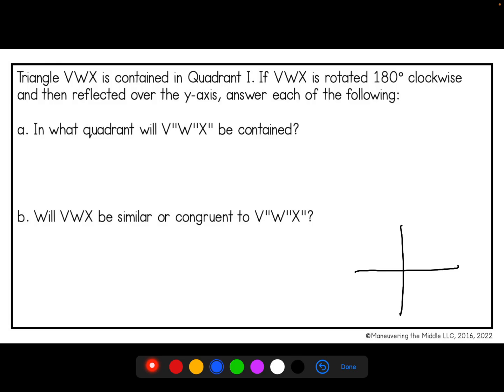So we're starting up here with triangle VWX. And we are going to rotate it around 180 degrees, which means that we have rotated it around down over here. And we have VWX.